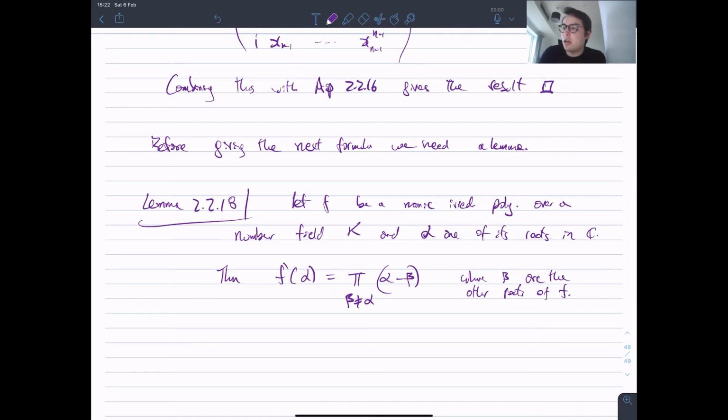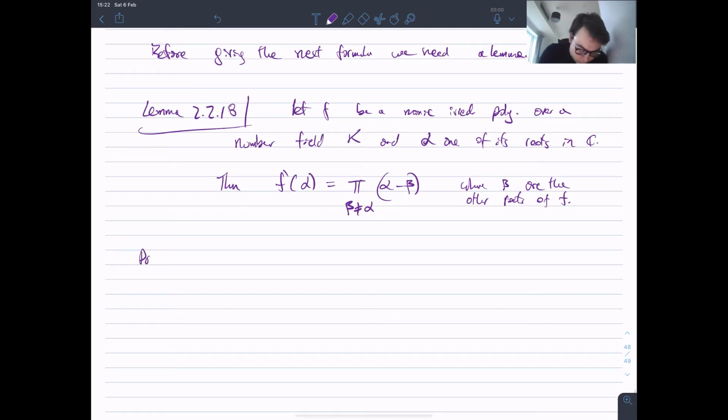Proof. This isn't hard, just write it all out. So write f of x. We know that it has a root alpha, so x minus alpha times g of x. And since we're working over the complex numbers, we can do this.